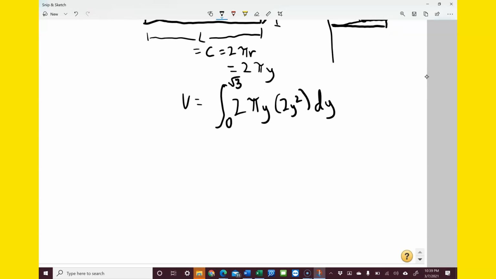Alright, so that's going to become the integral from 0 to square root of 3. I'm going to factor out my 2. Actually, I'm going to factor out a 4 and a pi because of that 2 right there and that 2 right there.